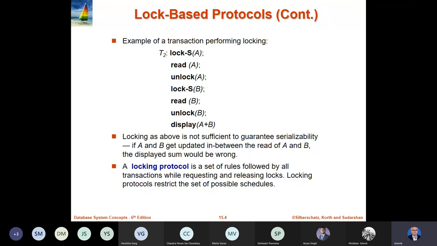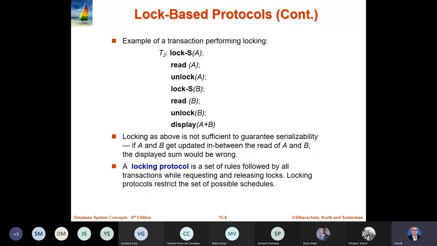So just because we are talking about locking does not mean that we can allow locking to happen in any arbitrary order. We have to ensure that only certain orderings of locking and unlocking are done, so that the generated schedules are serializable. That is what is called a locking protocol: a set of rules to be followed by all transactions while requesting and releasing locks.